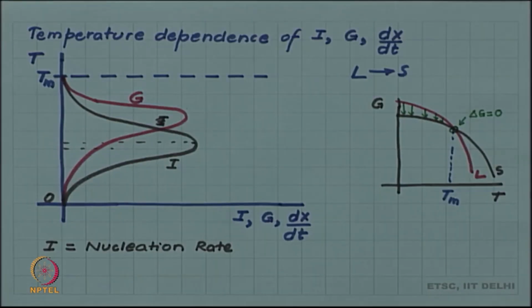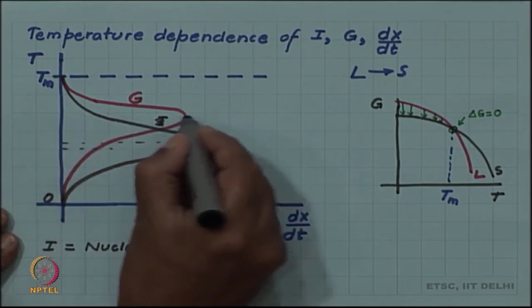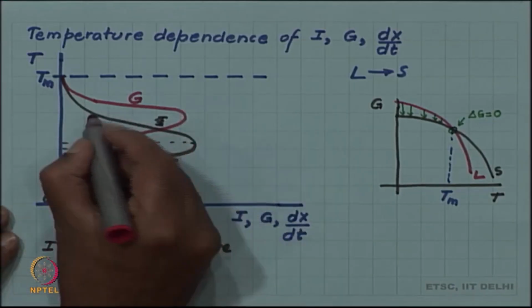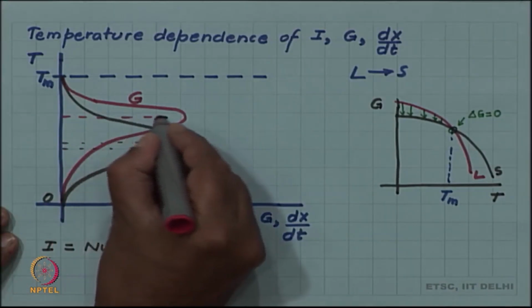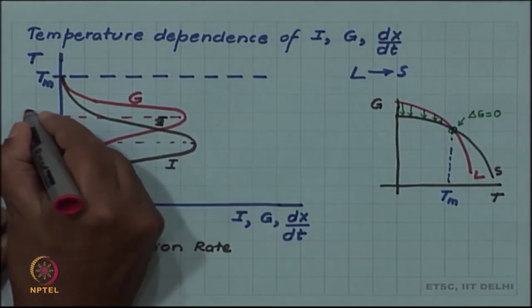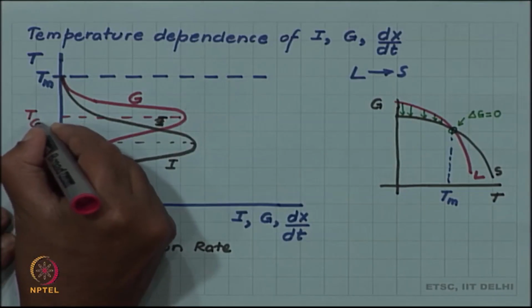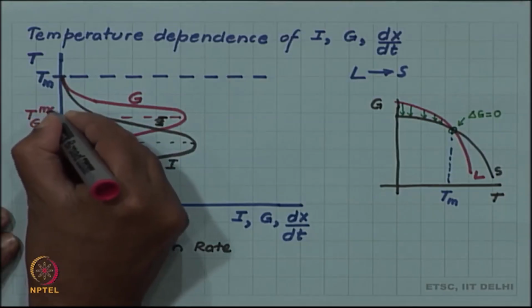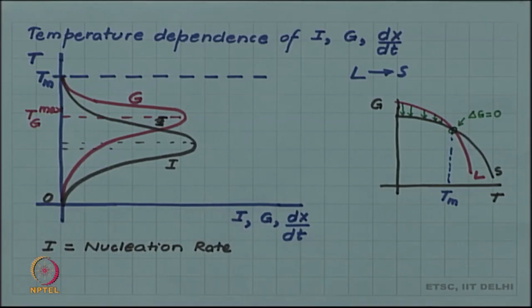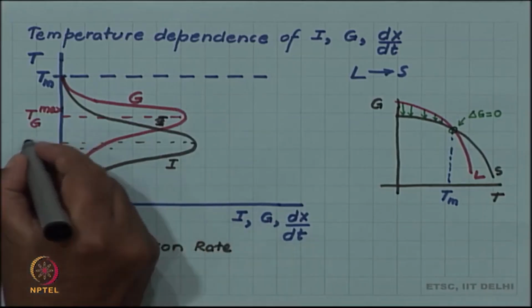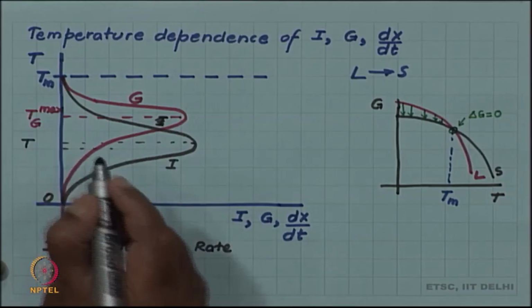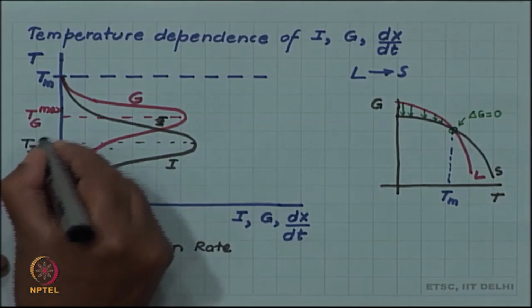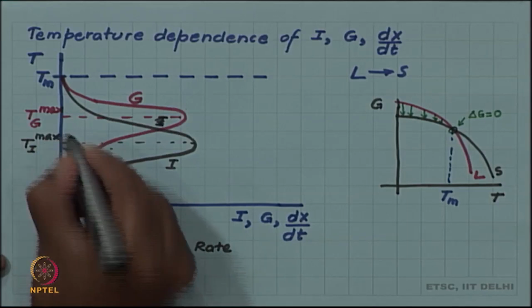And generally it is found that the temperature at which the growth rate maximum happens, let me call that temperature for growth rate maximum, Tg max, and let me call this temperature for nucleation rate maximum, Ti max.